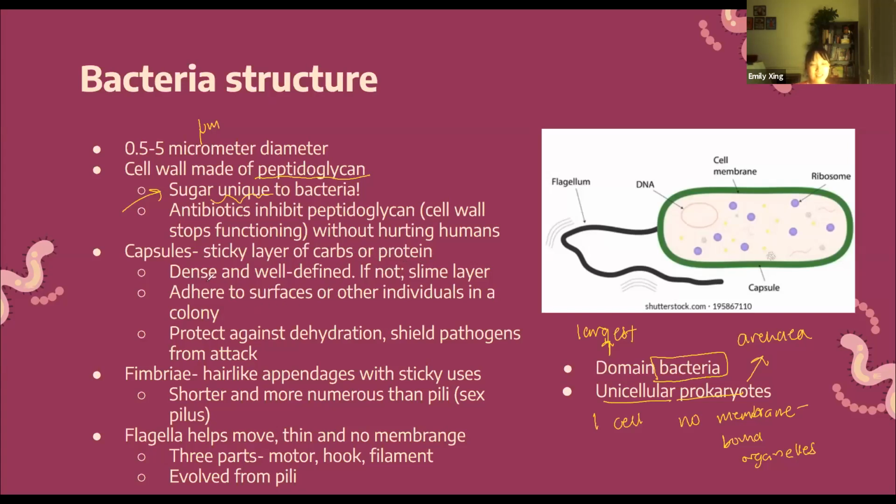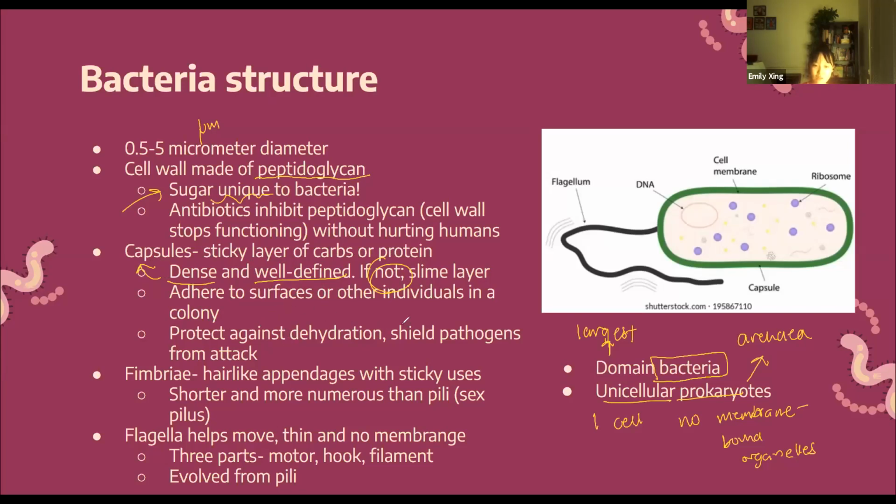If it is dense and well-defined, meaning compact and strong, then it's a capsule. If it's not either of those things, it's called a slime layer, but they essentially have the same function.